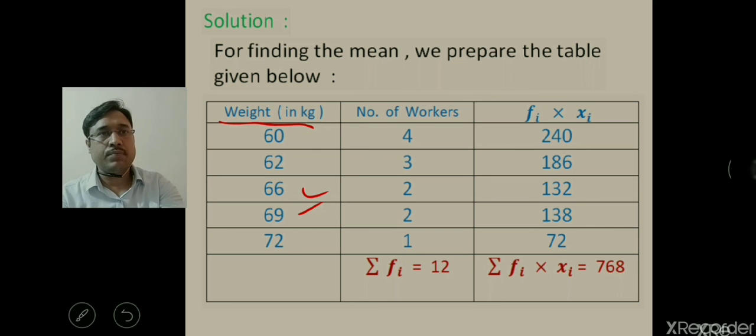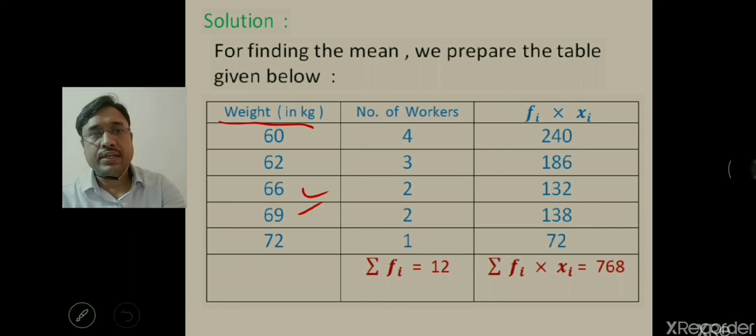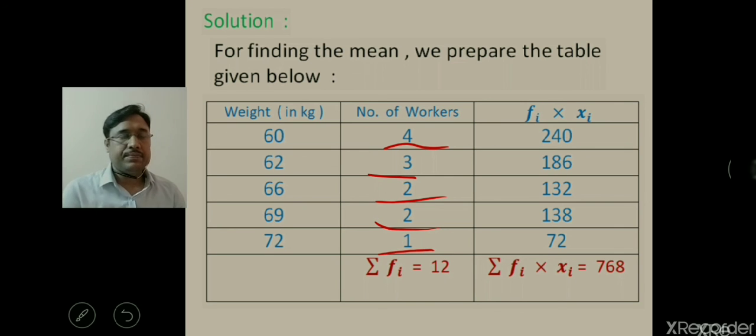In the second column, number of workers: 4, 3, 2, 2, and 1.